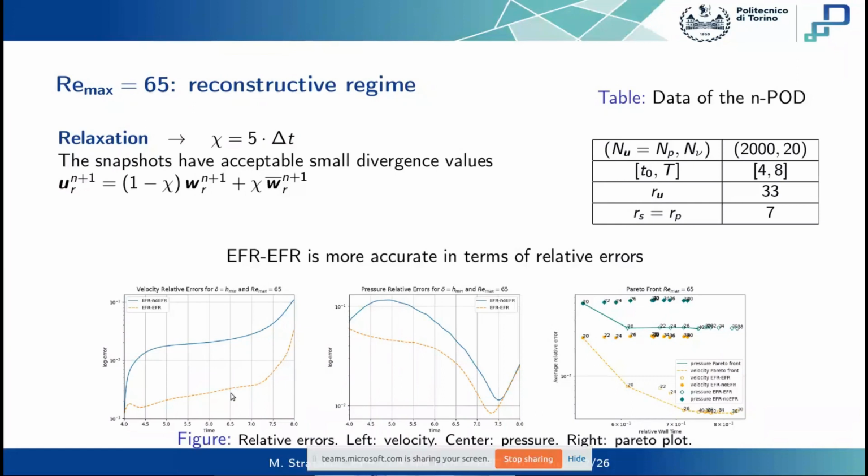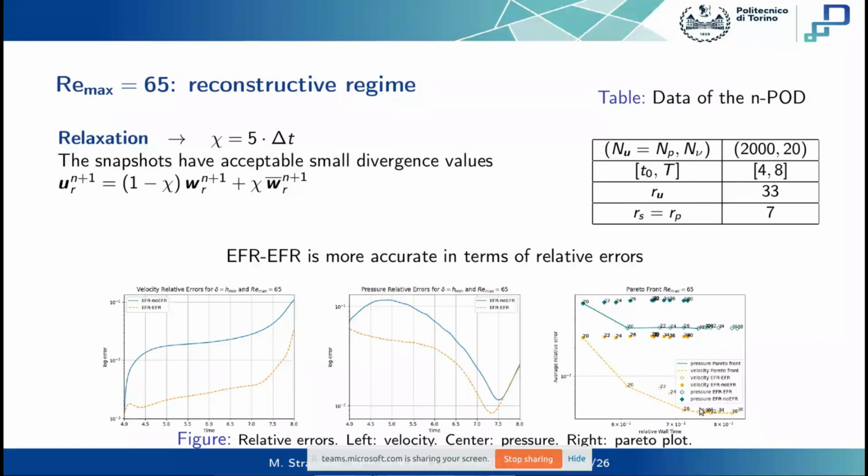However, here we are doing really a better job, okay? And here we also show that adding the filter and the relaxation step also online is not a big deal in terms of computational cost.